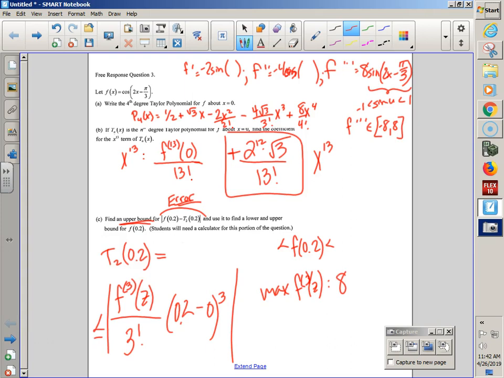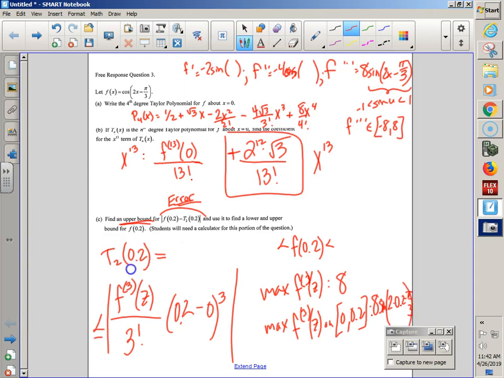But technically, if we were doing this with a calculator, we'd be maximizing this guy on 0 to 0.2, which sine is increasing, so therefore, technically that would be 8 sine of 2 times 0.2 minus pi over 3.